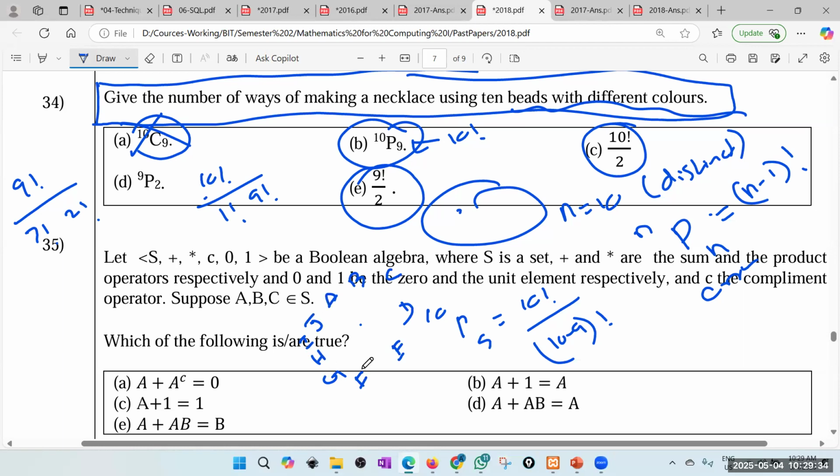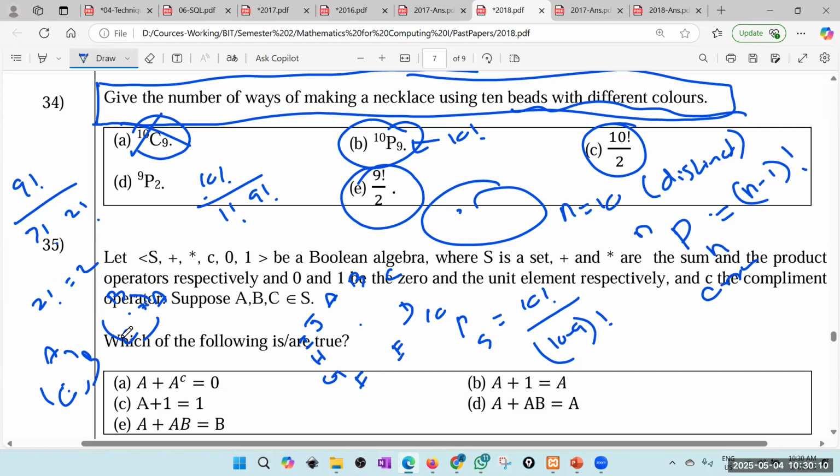Why have they divided by 2? For example, if you have 3 colors, factorial 2. Factorial 2 is 2 because A, B, C, it is 1. Then A, C, B is another one. That's all, right? Because there's no other way. If you arrange something, it will come into one of these again.